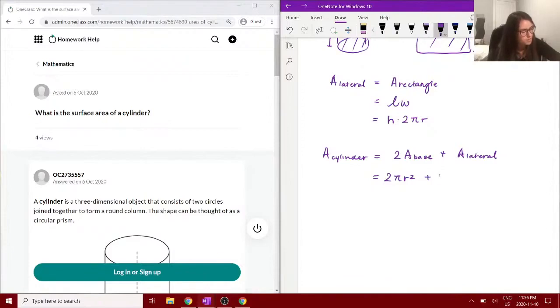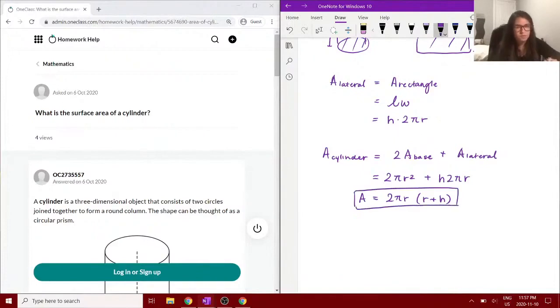So that's 2 times pi r squared, plus h times 2 pi r. Obviously, you can rearrange that, and if we factor out 2 pi r, we get 2 pi r (r plus h) as the area of the cylinder. That's the final answer.